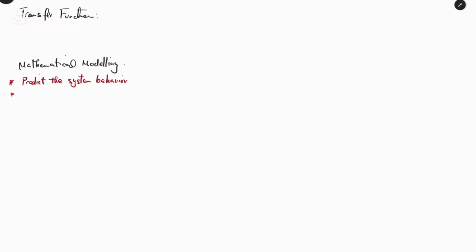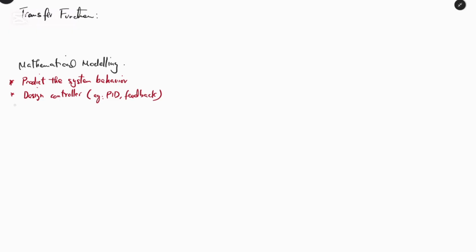And secondly, we said that a mathematical model is very important for us because we have to design the controller, such as PI controller, PID controller, proportional controller, and different types of controller. Example, PID, we have the feedback system, and so on.